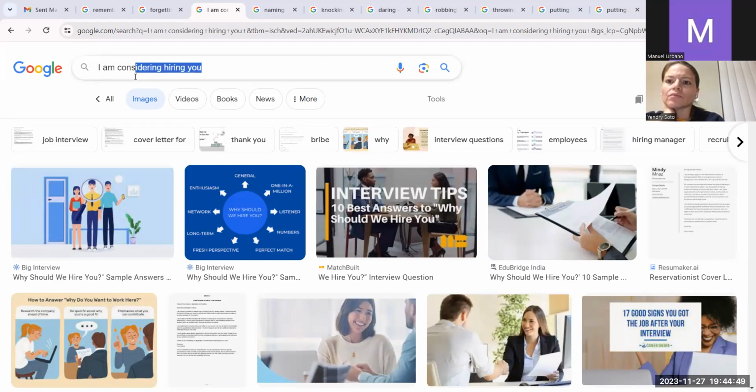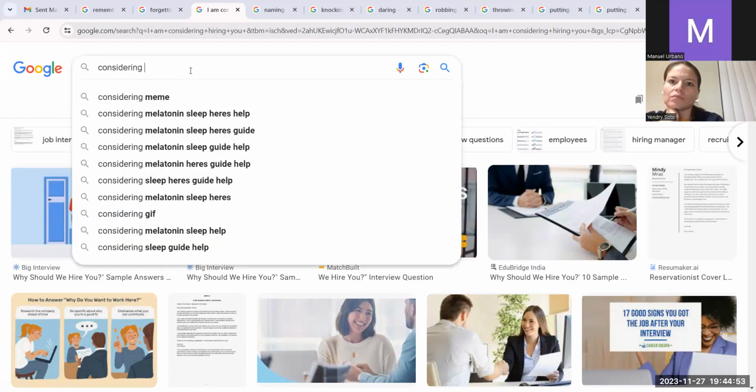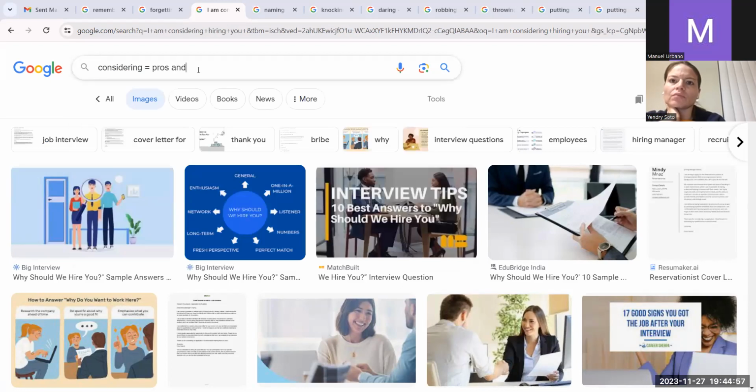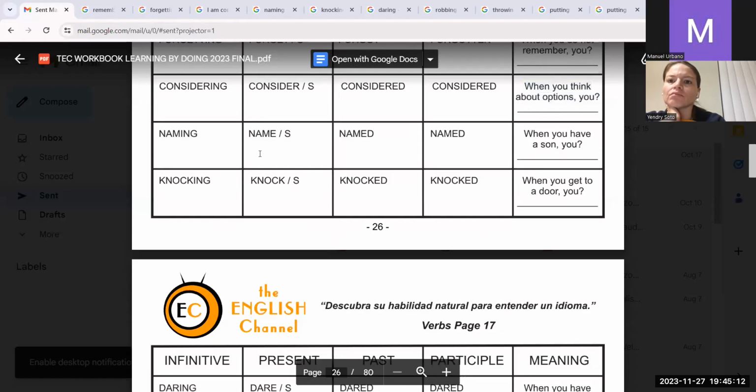I would say that considering is when you look at the pros and the cons. You understand this part? So you look at the pros, the cons, and then you make a decision. So that's considered. Very good. Let's practice with our next one.